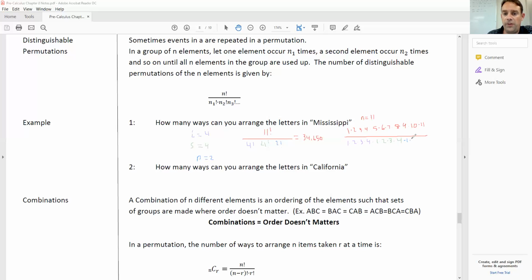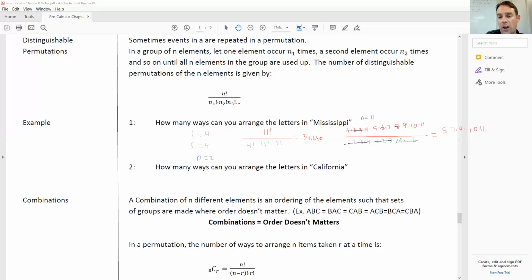And if we were to simplify this, another way to look at it is we could just start crossing off terms that are the same. So 1 times 2 times 3 is the same thing as 6. 4 times 1 times 2 is the same thing as 8. What we really are looking at here then is 5 times 7 times 9 times 10 times 11. And you still get the same answer if you do it that way.